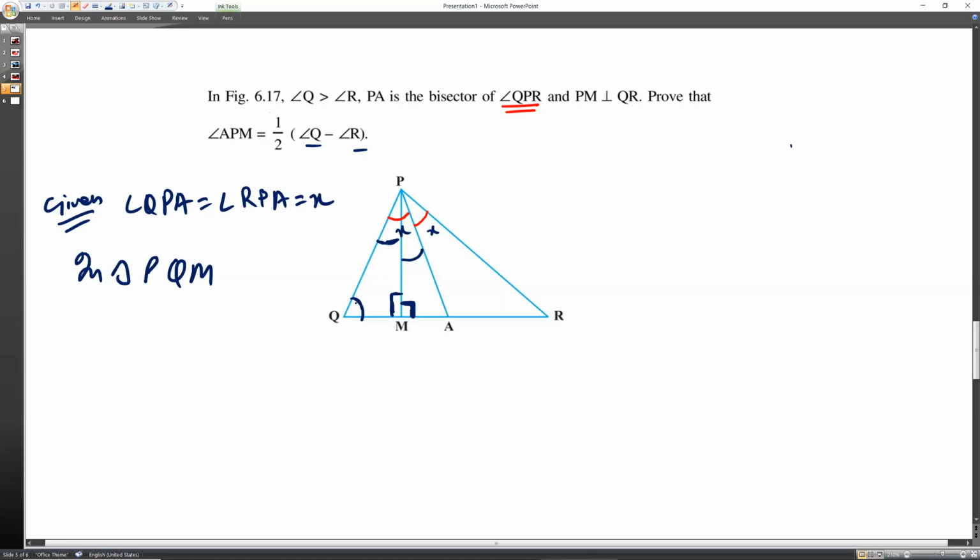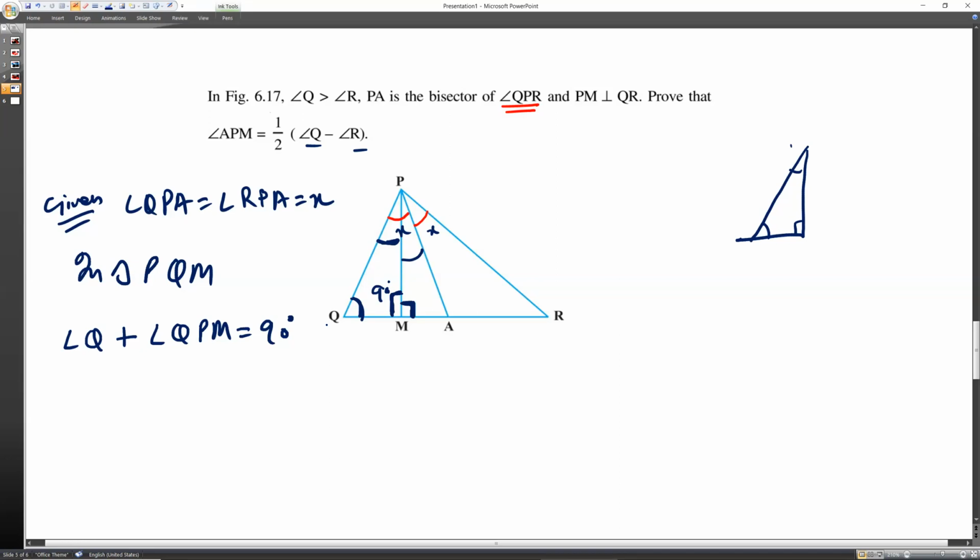Why? Because this is 90 degrees already. So in a right angle triangle, if this is 90 degrees, then the sum of the other two angles will be equal to 90 degrees. So you can write in triangle QPM, angle Q plus angle QPM is equal to 90 degrees. Why? Because this is 90 degrees given to you. So the sum of this angle and this angle will be equal to 90 degrees. Rima, you got it?